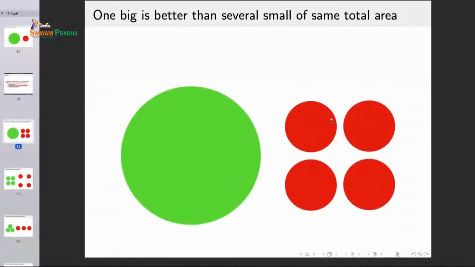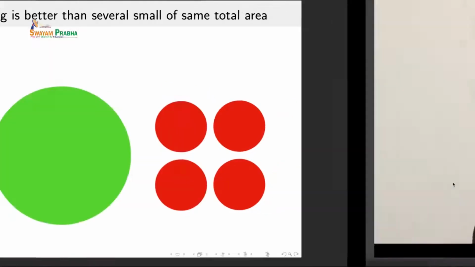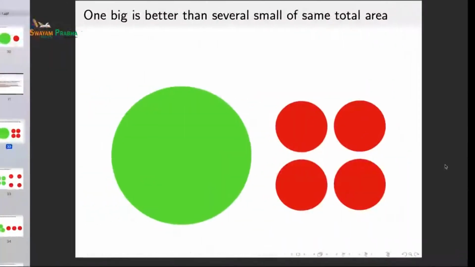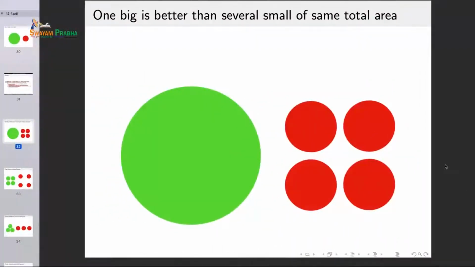Because these smaller ones will not be able to support those species with large home ranges. So they will be only able to support those species that have smaller home ranges. Whereas this large area will be able to support those species that have smaller home ranges, but also those species that have larger home ranges. So one big is better than several small of the same total area.